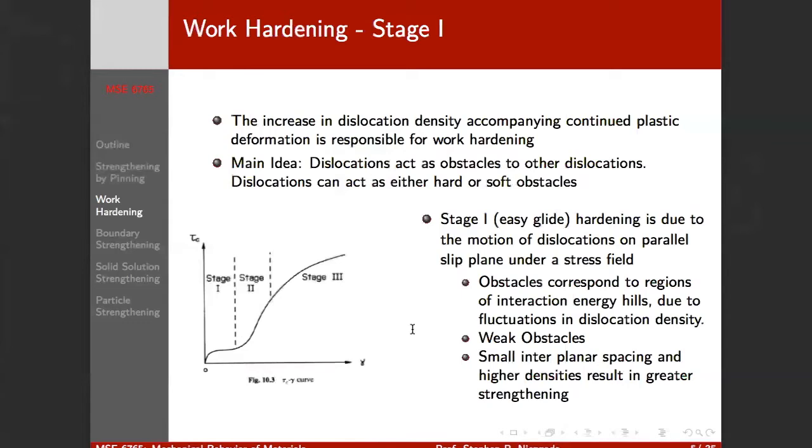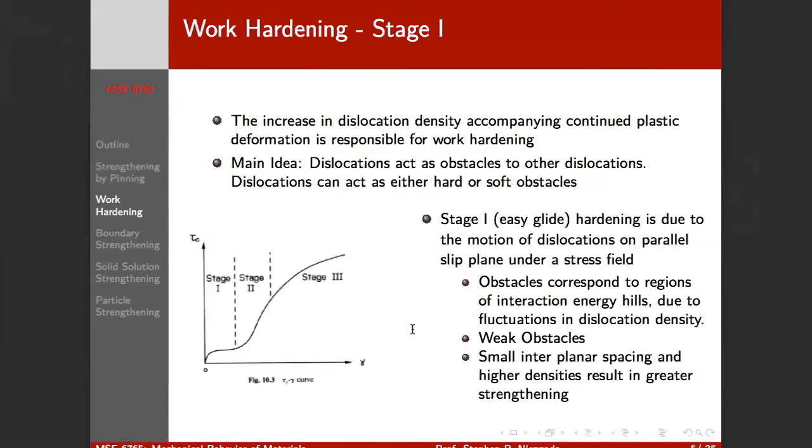I mentioned Cottrell's comment about turbulent flow. In his famous paper from 1953, Cottrell basically said that turbulent flow is widely considered the most difficult unsolved problem in physics. In my opinion, it has nothing on work hardening.